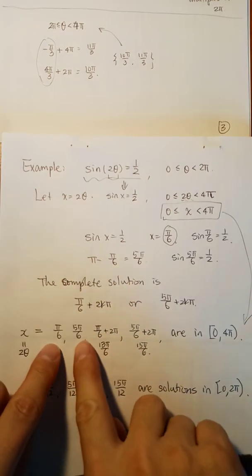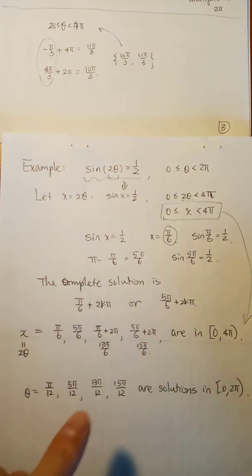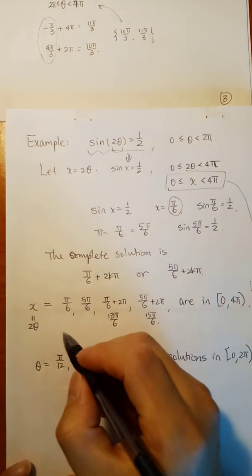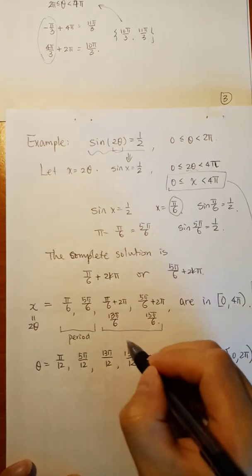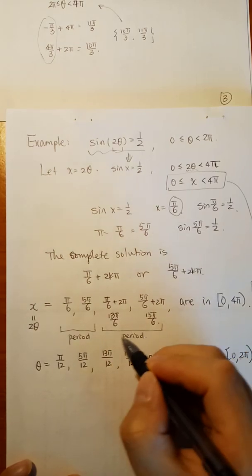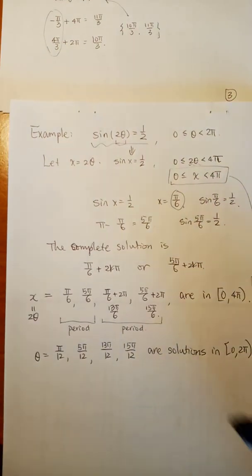So you see here, this pair is already inside the region, and this pair is actually inside the next. Whenever you plus 2 pi, it means it's in the next period. So this is in 1 period, this is in the 2nd period. It's just because here you have 2 periods. X has 2 periods.